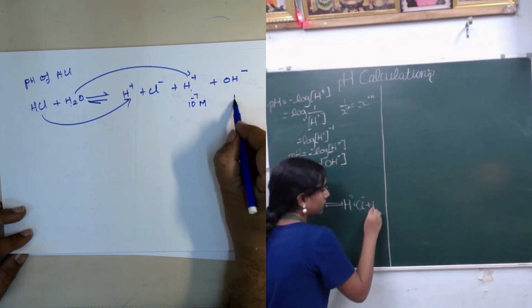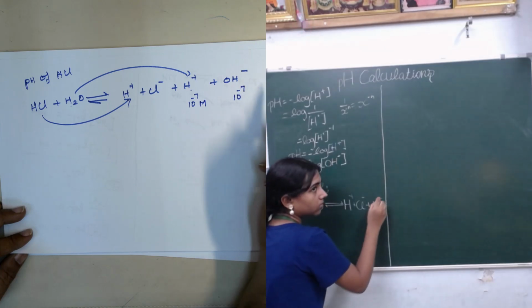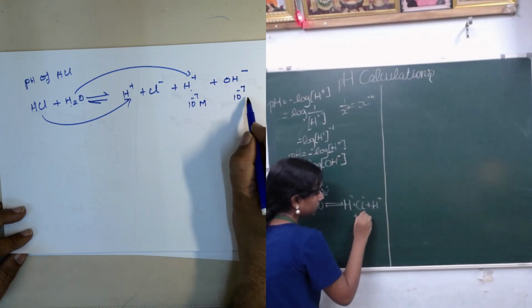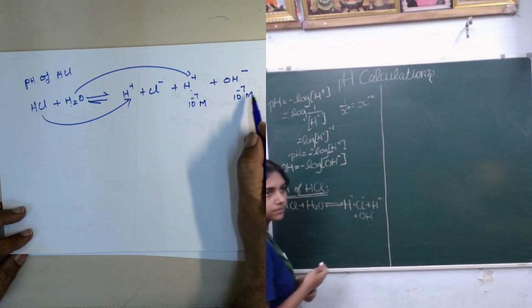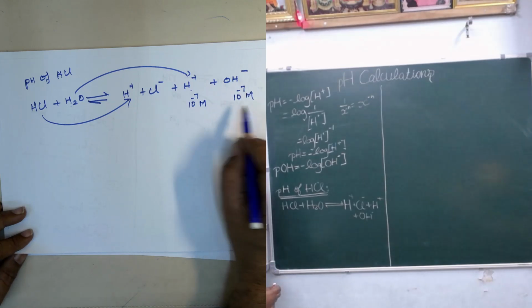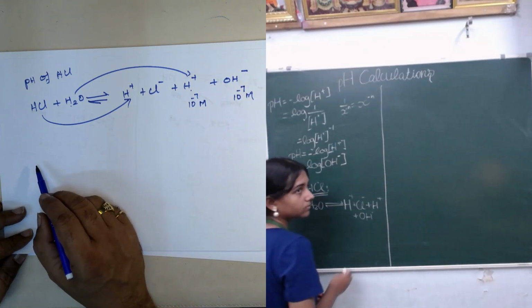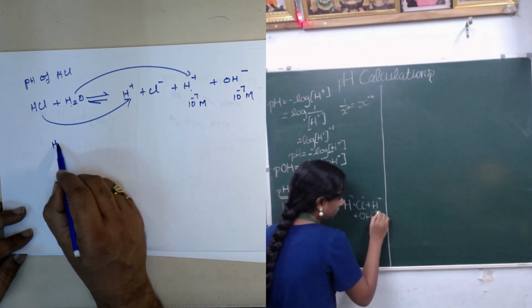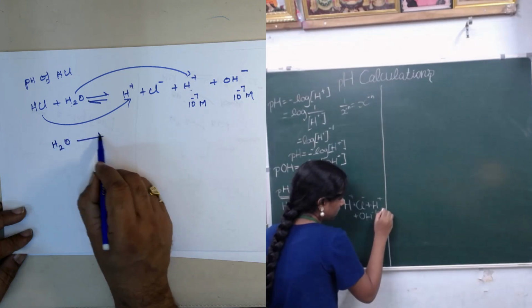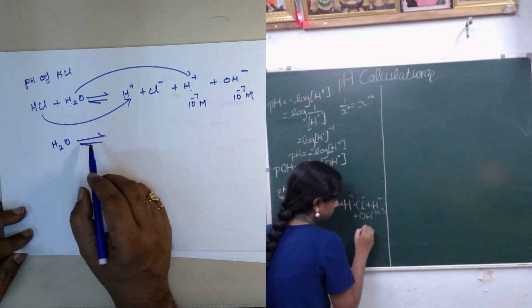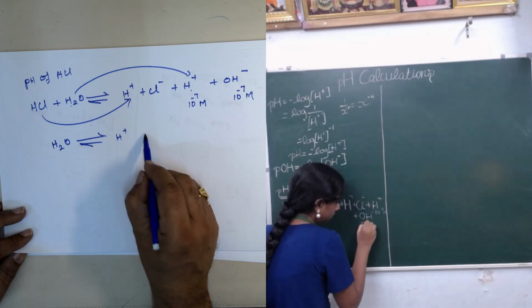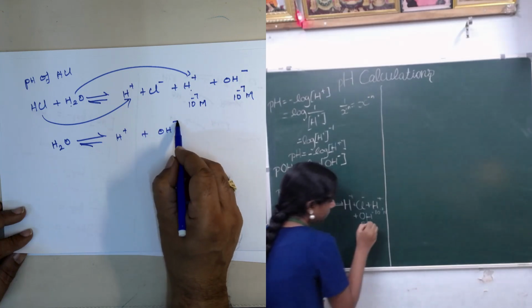Similarly, for hydroxyl ion, 10 power minus 7 mol per liter OH concentration. So in fact, when H2O is subjected to ionization, it becomes H plus and OH minus ion.